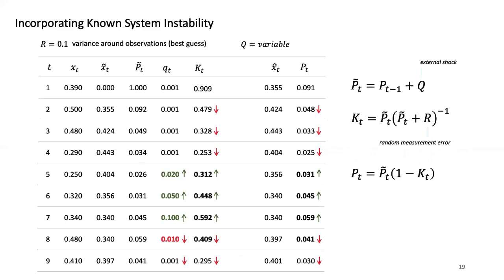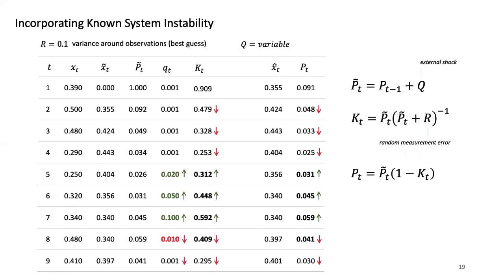In this case, this is still the same example I used before, where we had 10 points of observation. However, now I have prior knowledge. I know there is a shock to the system. Something is happening that could potentially cause a change at time 5, 6, 7, and 8.